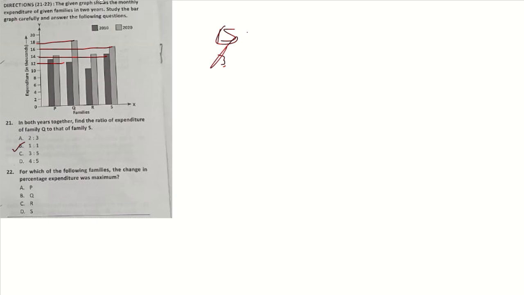And then for the second question, for which of the following families was the change in percentage expenditure maximum? We can already see from the graph that P and S cannot have the highest percentage change, so between Q and R. For Q it is 18 minus 12 upon 12, which is 6 upon 12, or 1 by 2 into 100.